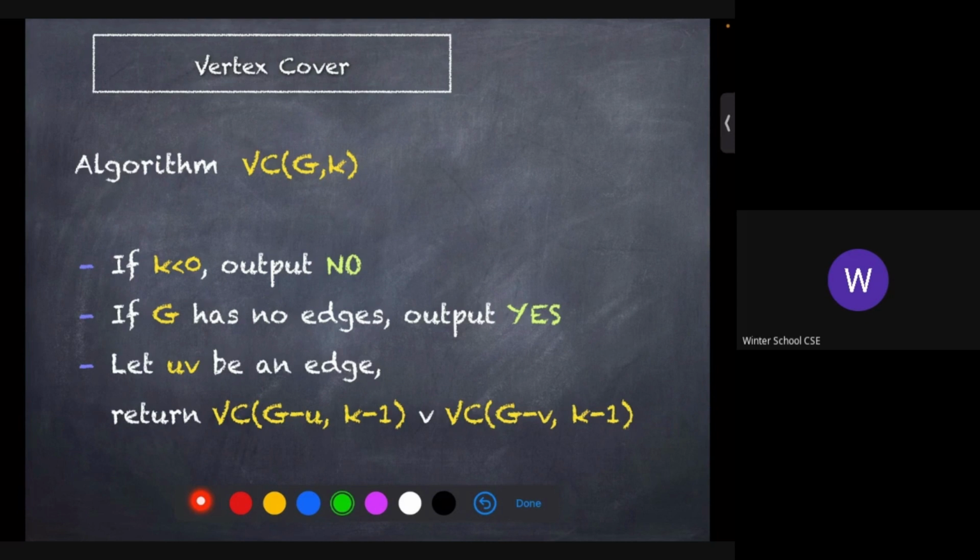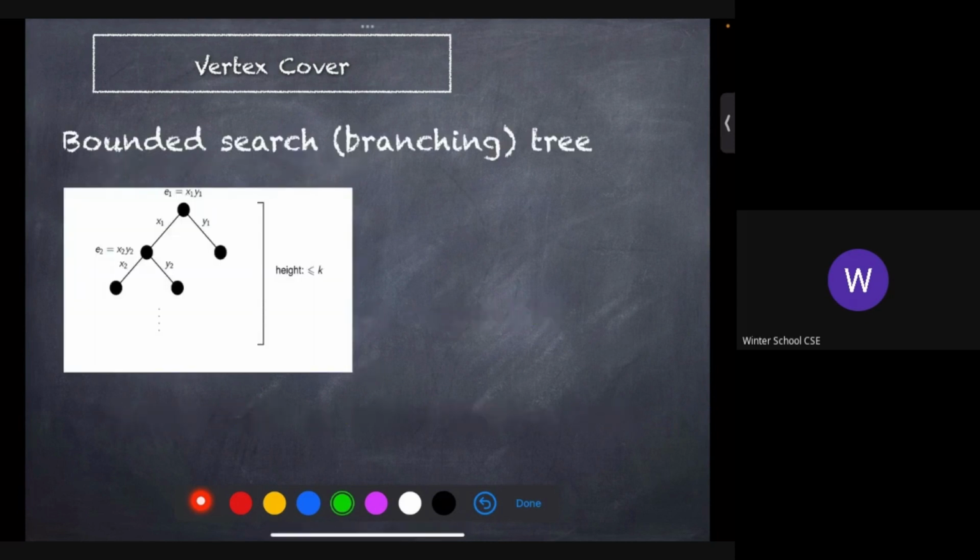Yes, and why is it called bounded search tree? Because it's very natural to represent this algorithm as a branching tree. In this branching tree, I start from an edge in a graph, and here I go to two children corresponding to the endpoints of that edge.